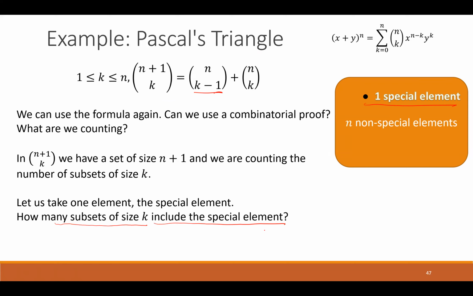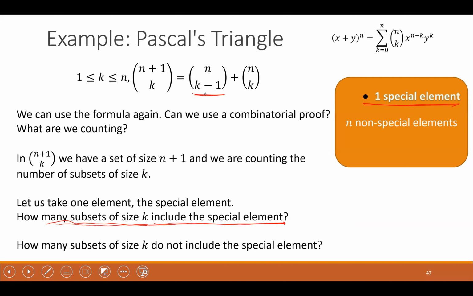Well, all of these subsets have to include this element, so I have no choice in that one. That goes into the subset. And now I have to choose another k minus 1 elements to complete my set of size k, right? And those k minus 1 elements, I have to choose from a set of size n, because the special element, I don't have a choice in this, right? So step 1 is I find all of the subsets of size k that include the special element, that is n choose k minus 1.